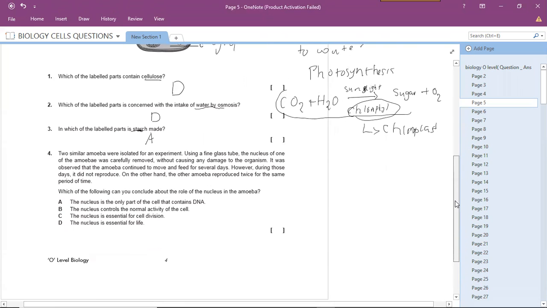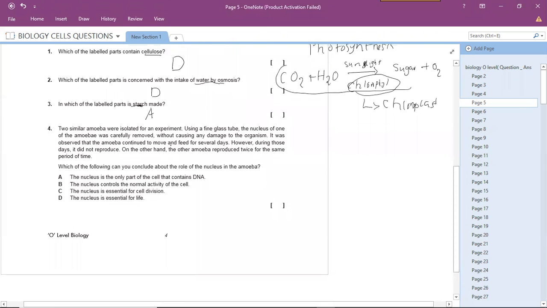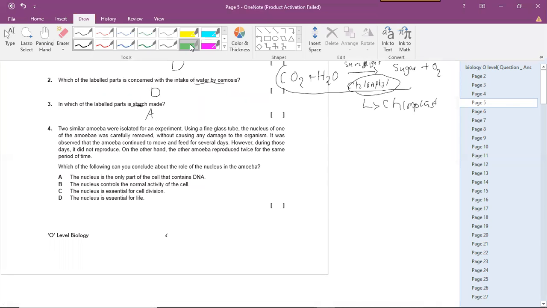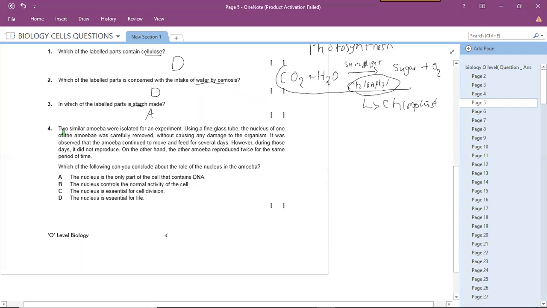So let's move on to this question here. Let me get my highlighter so that we read it properly. Two similar amoeba. An amoeba is a single-celled organism with a nucleus and some cell organelles.